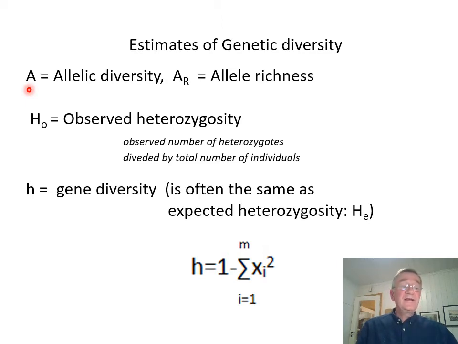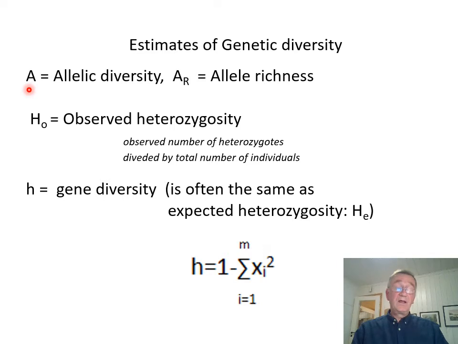Allelic diversity is just the average number of alleles per locus. So if we are looking at one gene or one locus, we record how many alleles we find of this gene in the population. Then we look at another gene or locus, count the number of alleles in that locus as well, and find the average.